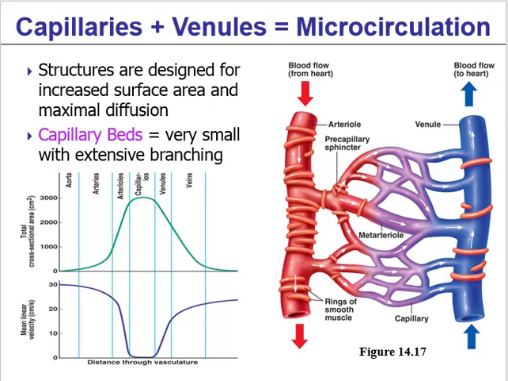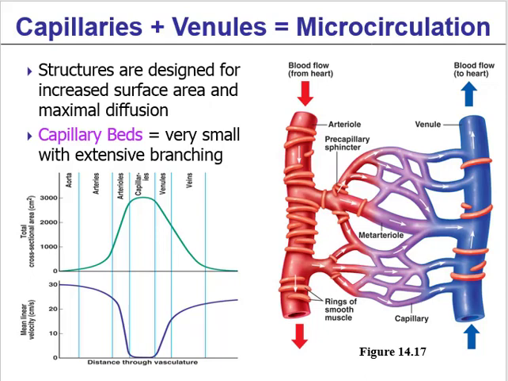Capillary beds are by design very small with extensive branching, which we see here, and it gives them large surface area. So the top graph over here on the left shows the total cross-sectional area produced by capillary beds, so it gets way, way increased when we get to capillary beds. And then the lower graph indicates low, slow velocity.